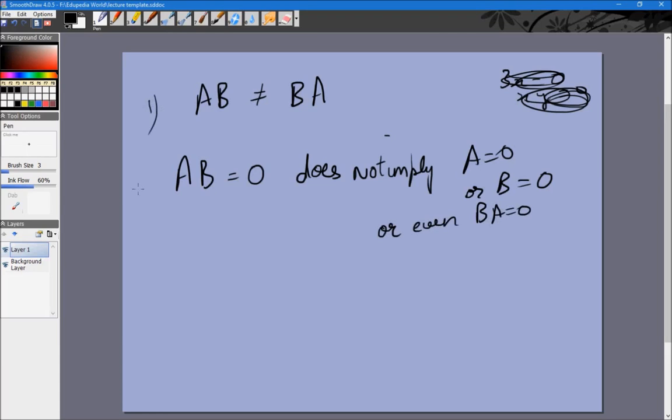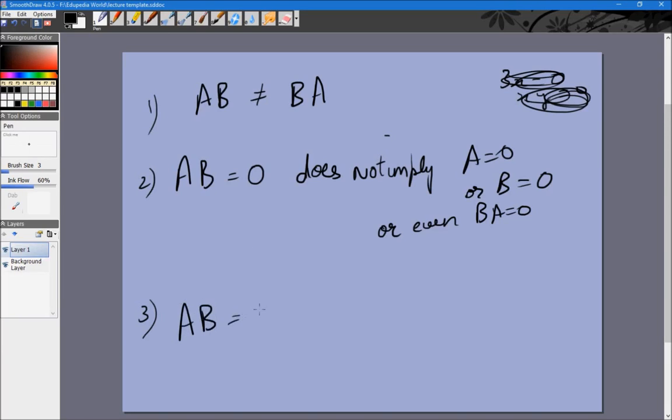This is the first unusual rule, second unusual rule, third unusual rule. Why am I listing these rules? After a few videos, we'll see a special type of matrix which would be called an invertible matrix, and for an invertible matrix these results would hold true. So not generally, but they are true for a specific subset of matrices which in multiplication behave like numbers.